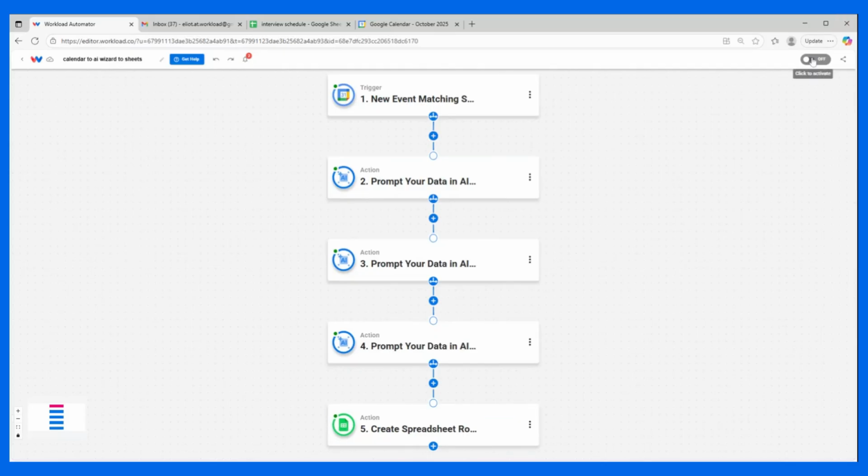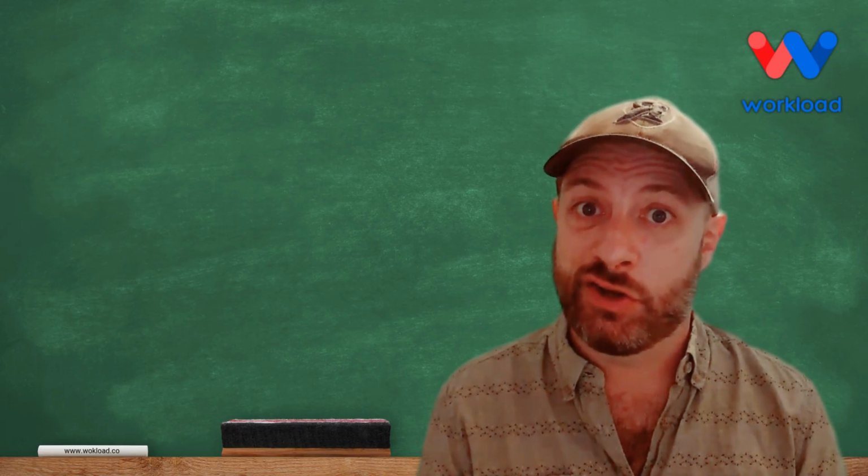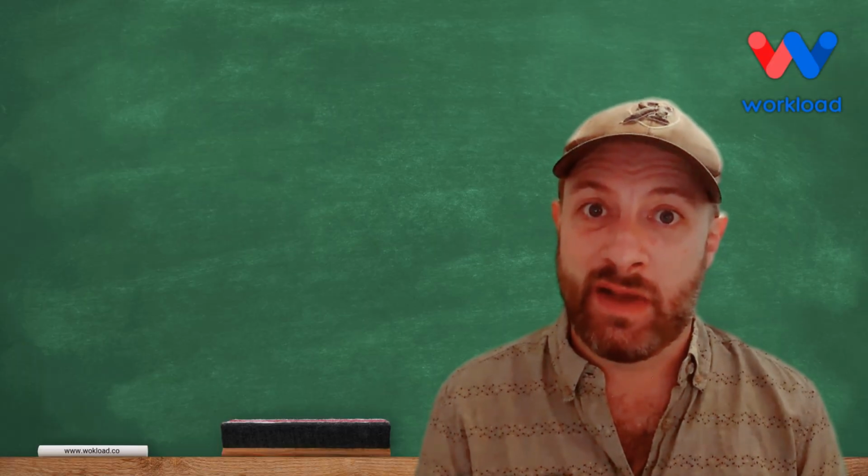Then we can activate our workflow, and now every time there's a new event with the word interview in it, the AI Wizard will format all of that data so it can be added to our spreadsheet. That's how you can use the AI Wizard to automatically interpret new events matching a search in Google Calendar and add them to a spreadsheet in Google Sheets.